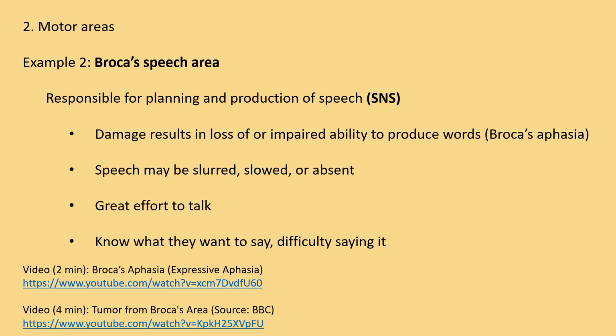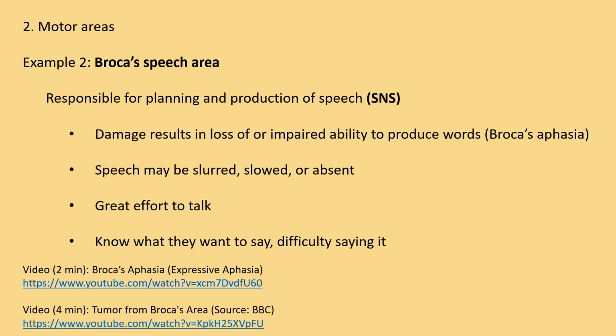Broca's aphasia is caused by damage to Broca's speech area, likely caused by a stroke. So there was a lack of blood flow to that particular region of the brain, and then the patient has a particular set of symptoms regarding their speech.